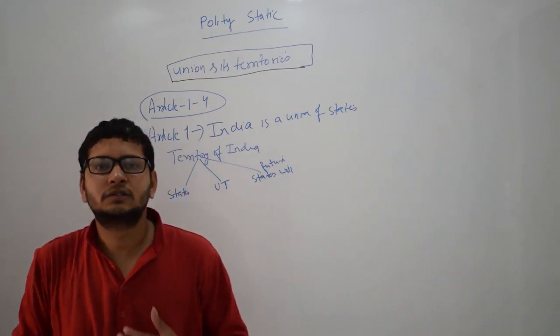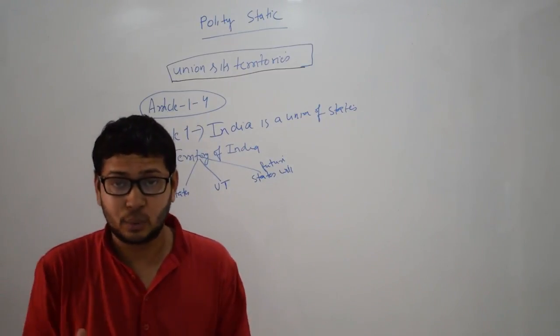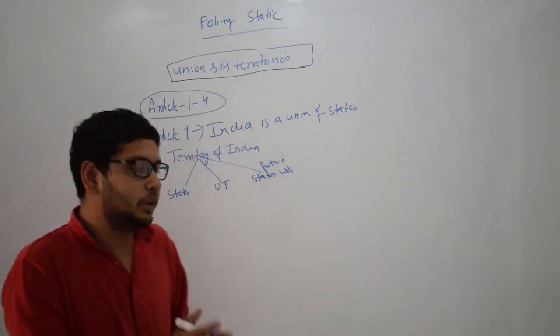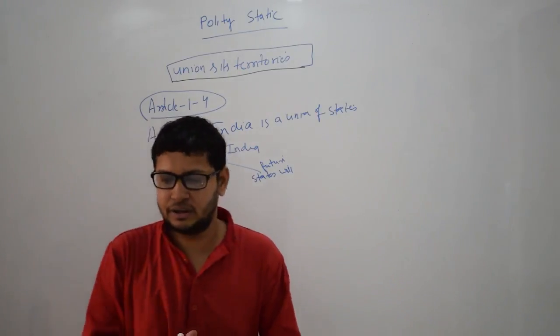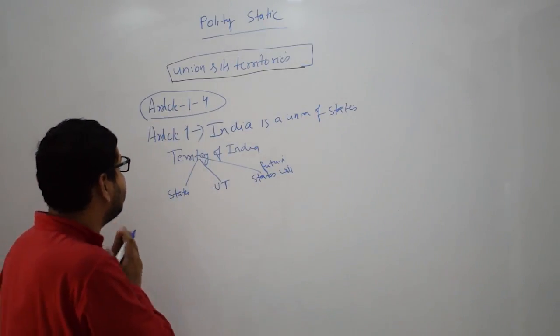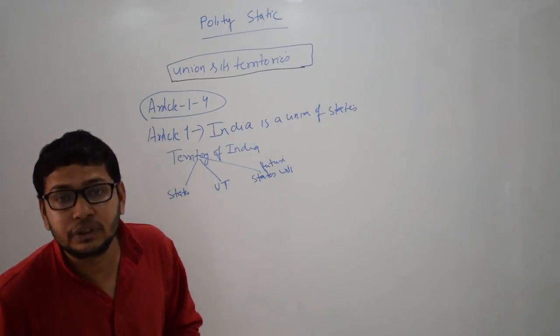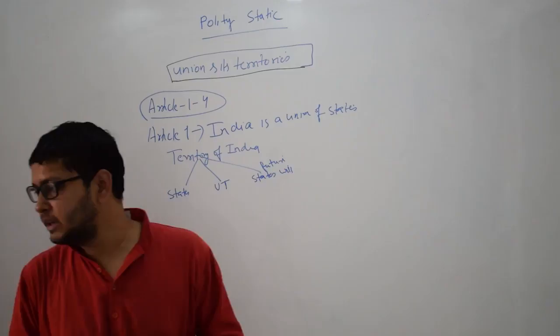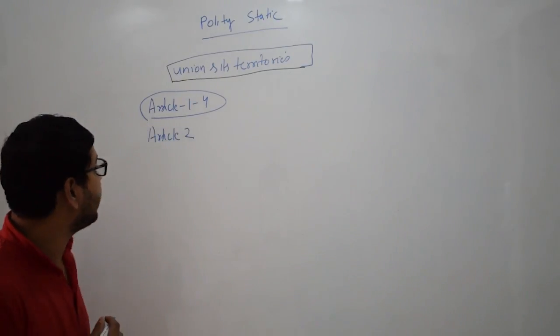So the term territory of India is wider in scope than the term Union of India, because Union of India only contains the states of India, while the territory of India contains states, UTs and the future states which will be acquired by India. Let's move to Article 2 now.